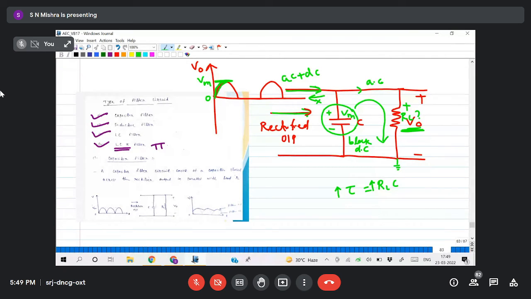So due to that, what happened? See here. Suppose I take this waveform, and initially it is charging like this.